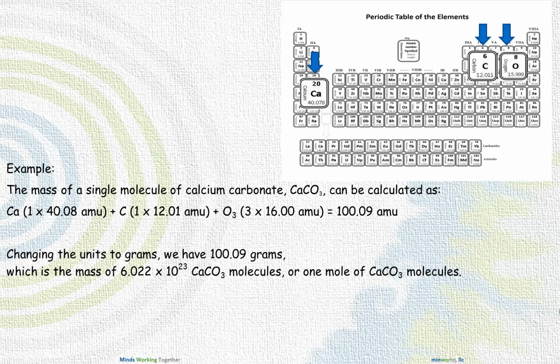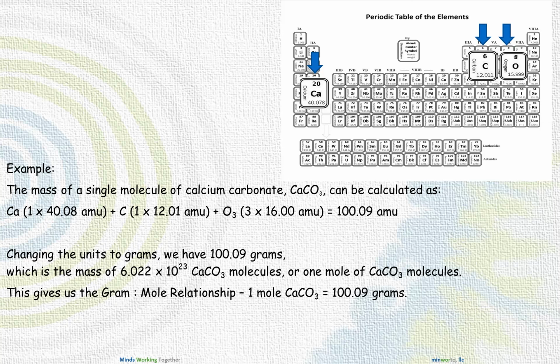If we change the units to grams, we have 100.09 grams. That is the mass of 6.022 times 10 to the 23rd calcium carbonate molecules, or 1 mole of calcium carbonate molecules.